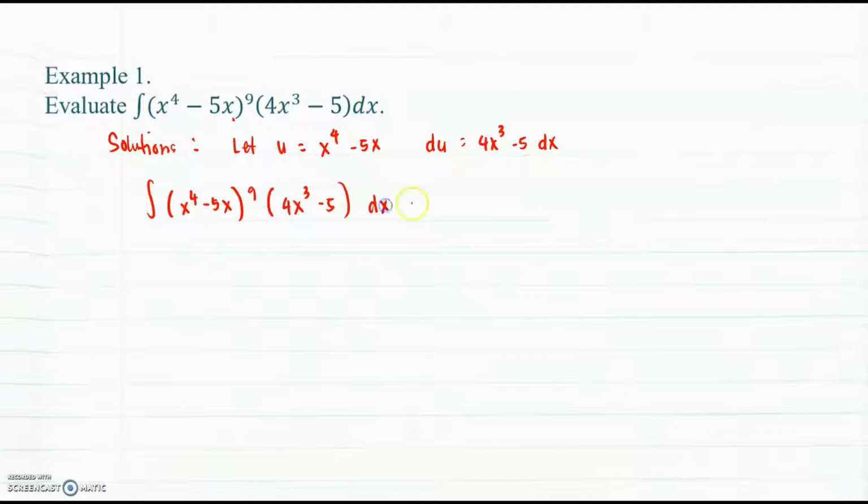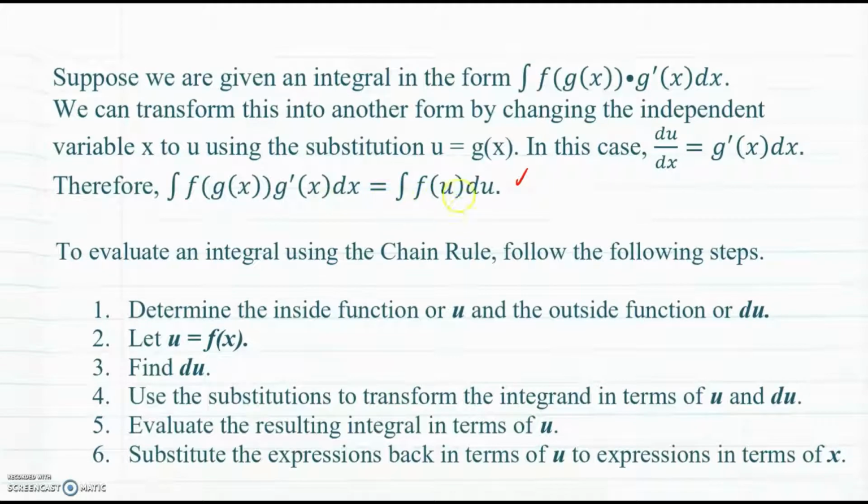is just equal to, going back to our definition of the u substitution rule, the indefinite integral of f of g of x times g prime of x with respect to x is just equal to the integral of f of u with respect to u.